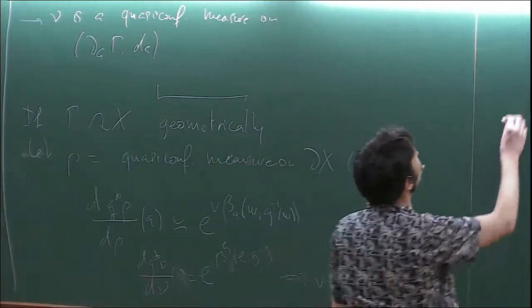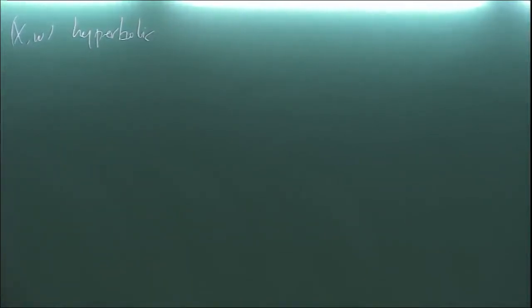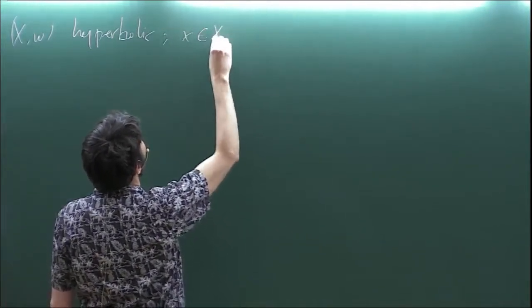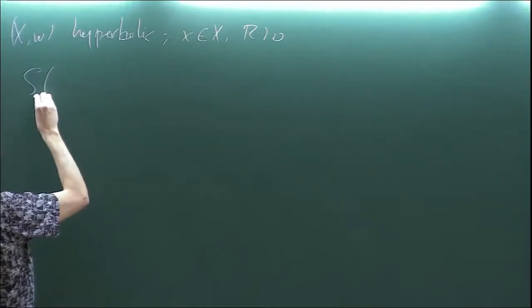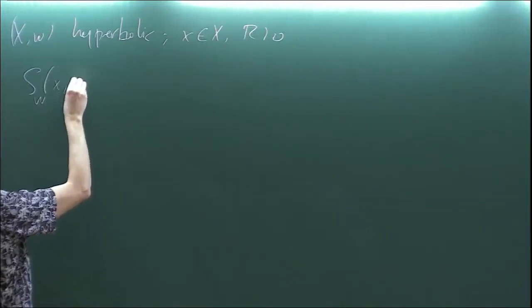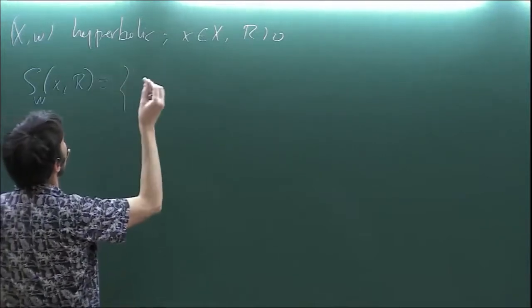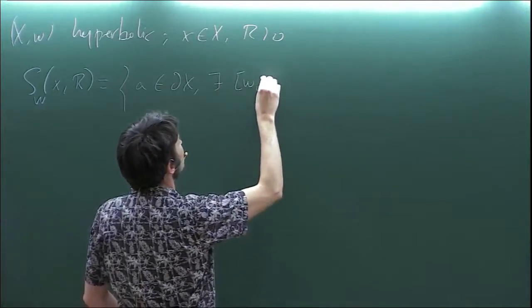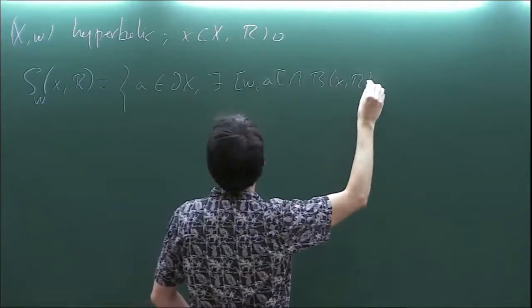So let me remind you that if X is hyperbolic, and you take your favorite base point w inside, then if you consider a point x in X and some radius R, I will define the shadow, seen from w, of the ball centered at x of radius R. It will be the set of points a at infinity such that there exists a geodesic ray which intersects the ball.